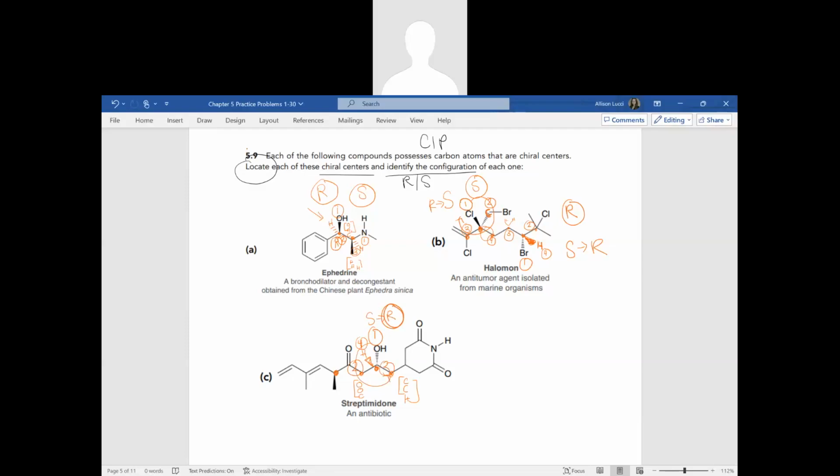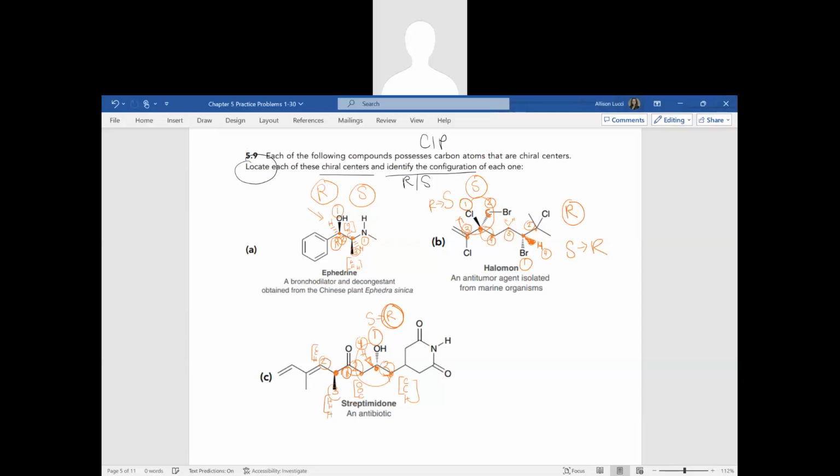And then let's move to the other site. So again, the carbon on the methyl group has only hydrogens, right? So hydrogen, hydrogen, hydrogen. And then over here, we see we have carbon, carbon, hydrogen on this carbon here. So this is my priority 2.